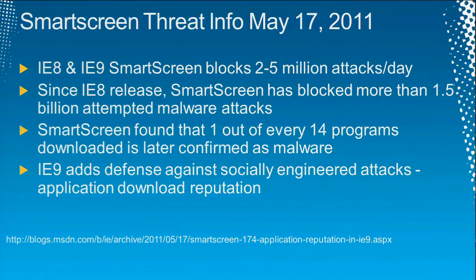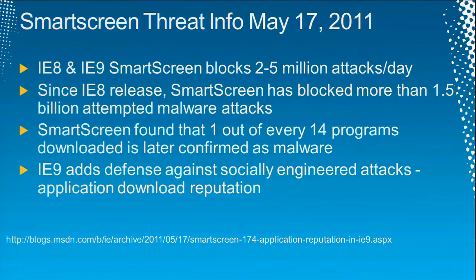So just to illustrate the threat here, IE8 and IE9, the SmartScreen blocker that's included in that, block about 2 to 5 million attacks per day. Since the IE8 release, 1.5 billion attempted attacks have been blocked. So there's a lot of activity out there on the internet, in the wild, a lot of web pages that are compromised.